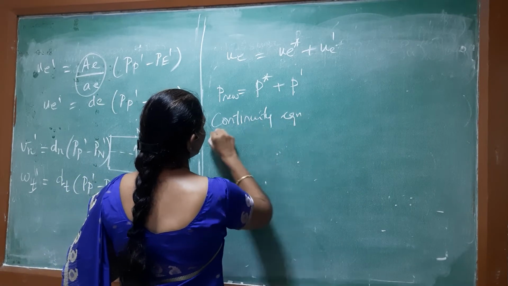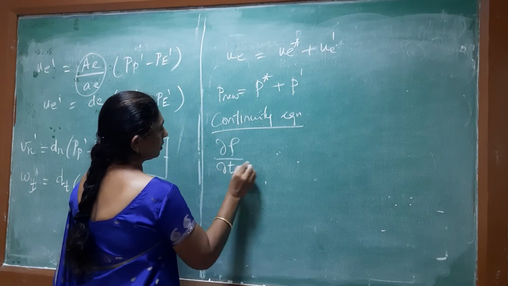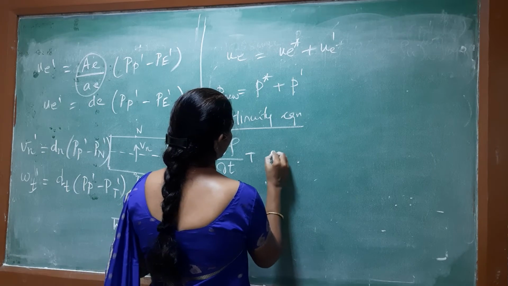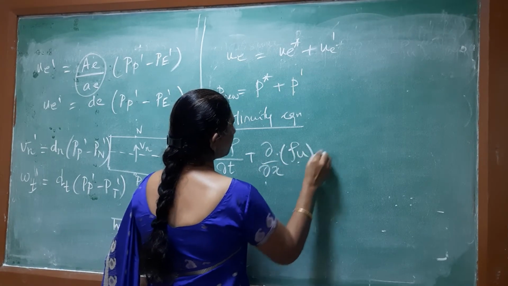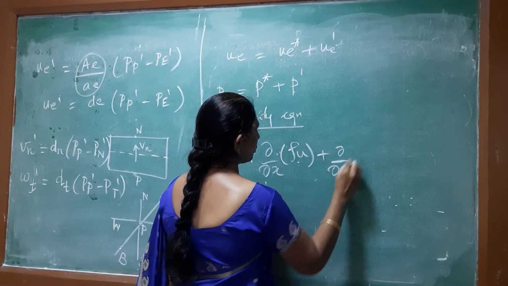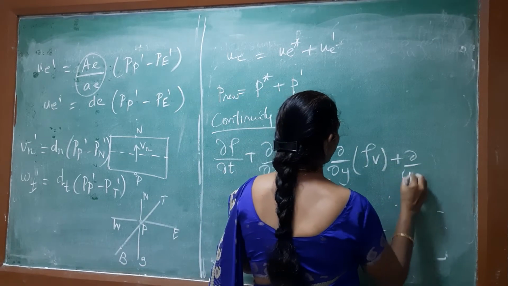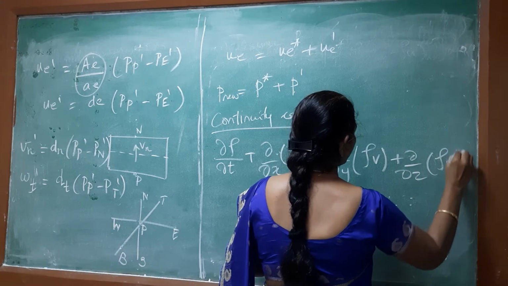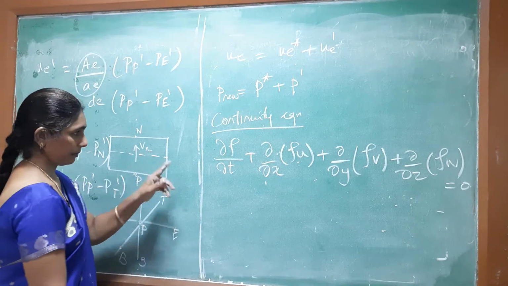In 3 dimensions, for a compressible flow, dou by dou x, rho u plus dou by dou y, rho v plus dou by dou z, rho w equal to 0, right?